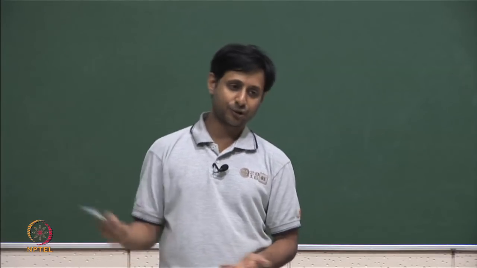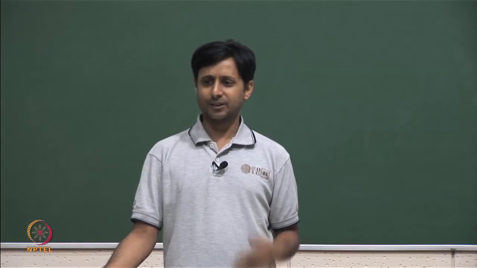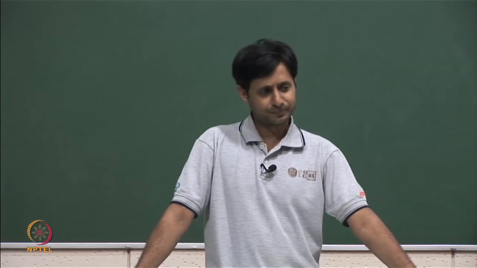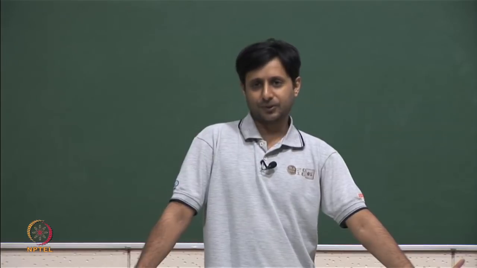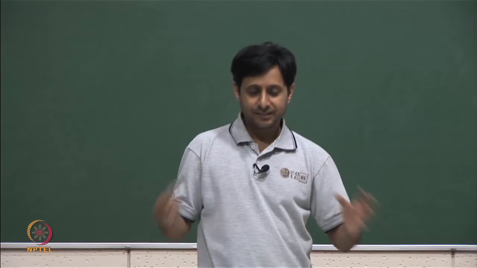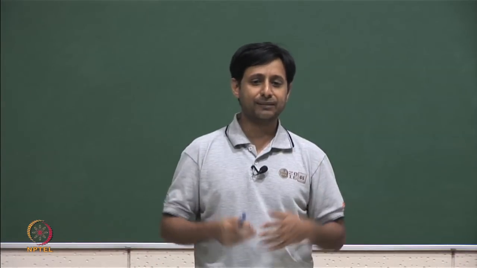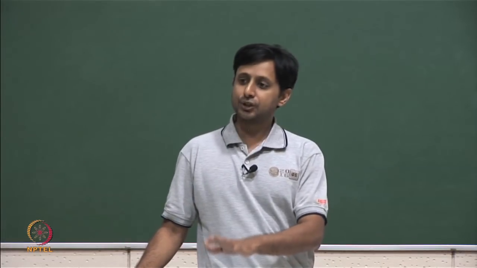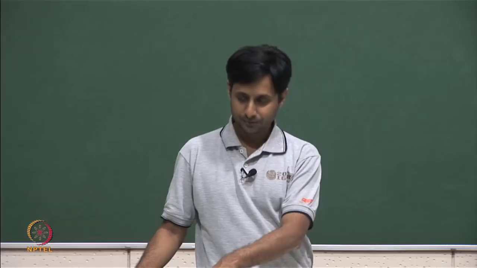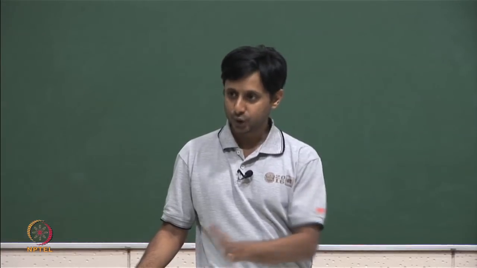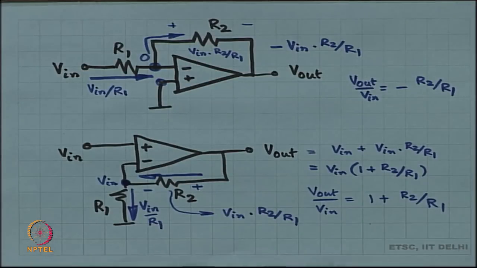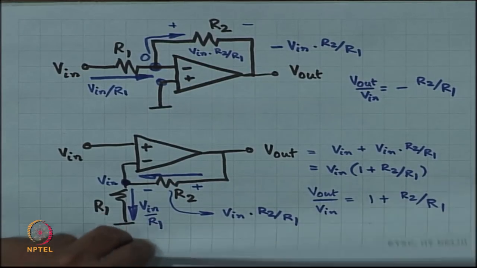Either it is a cascode drain or it is an ordinary drain, whatever it is, the output impedance is somewhat large, and large output impedance automatically means that the circuit is going to behave like a current source. So, instead of a voltage controlled voltage source, which the op amp should be, what we have unfortunately made is a voltage controlled current source.